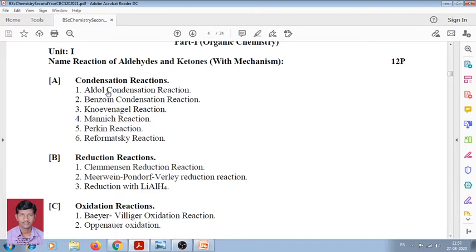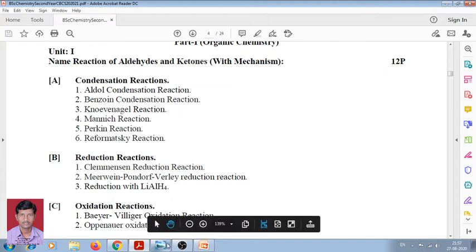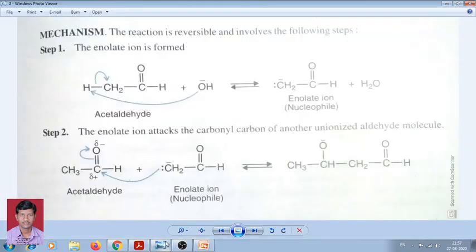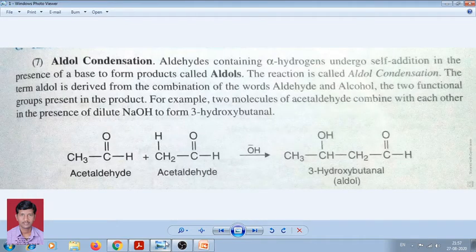What is aldol condensation reaction? This is the first reaction, the aldol condensation reaction. What is the condensation of aldehydes or ketones?